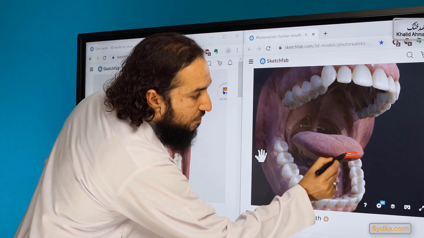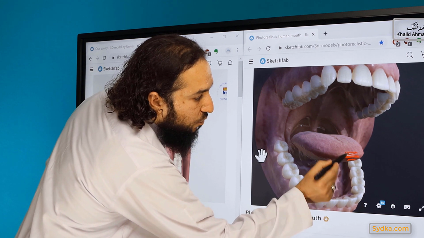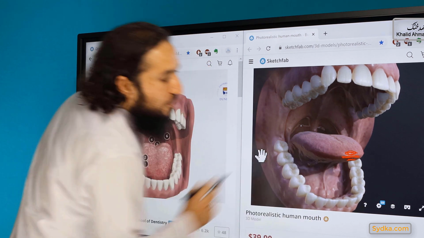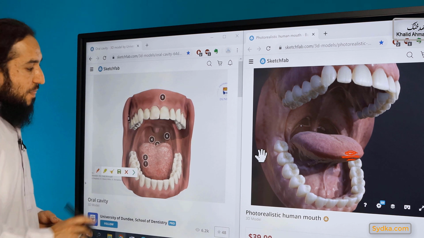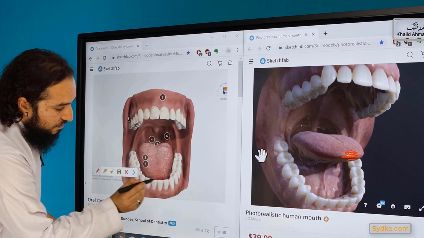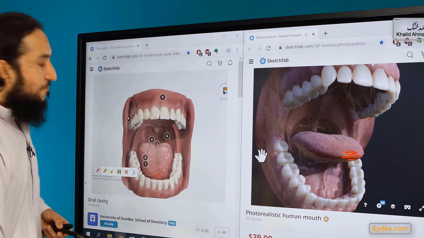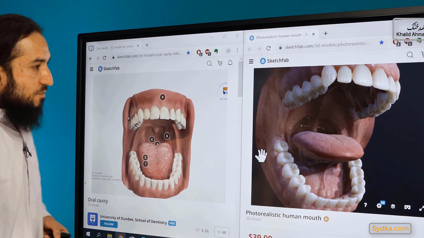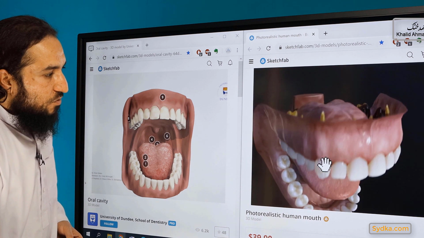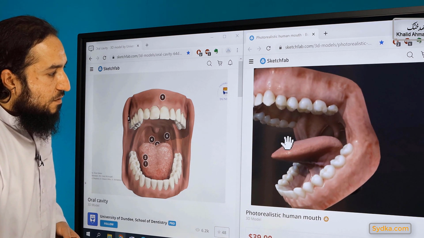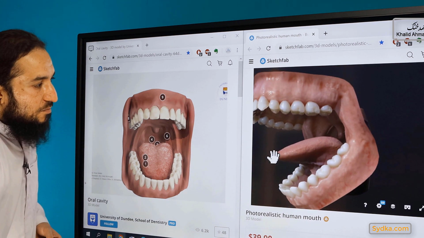This is the top side of the tip, and this is the underneath side. We will be using the top side of the tip of the tongue. I think that's the best explanation. You can see it from the top or the side. This is a better explanation.